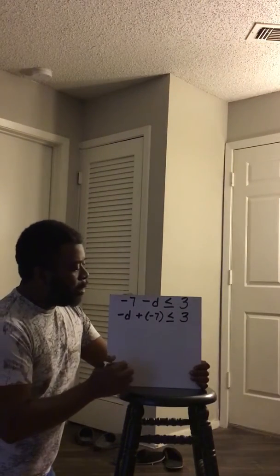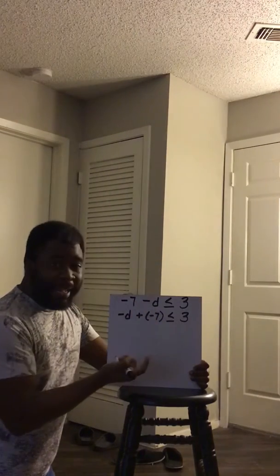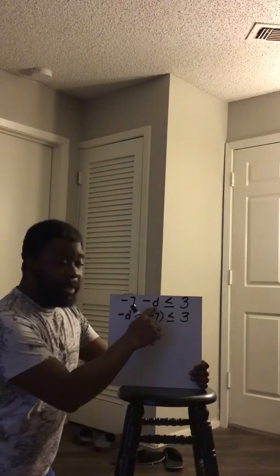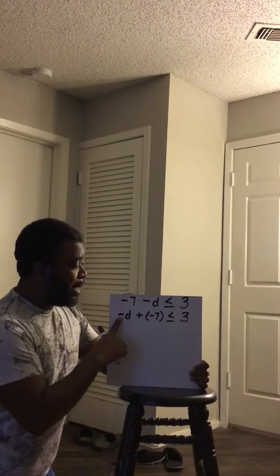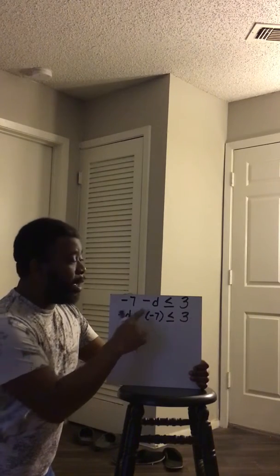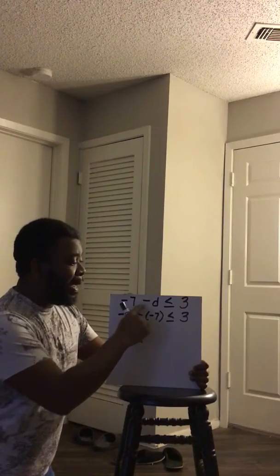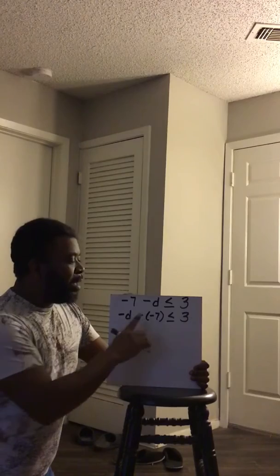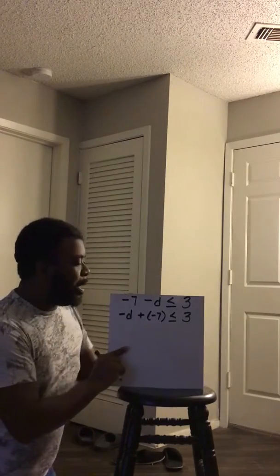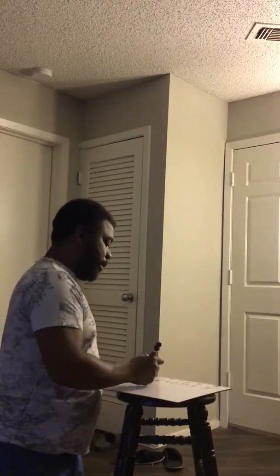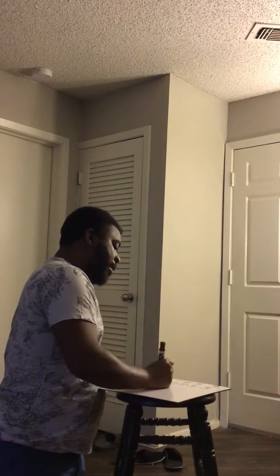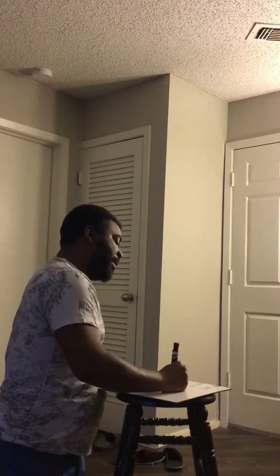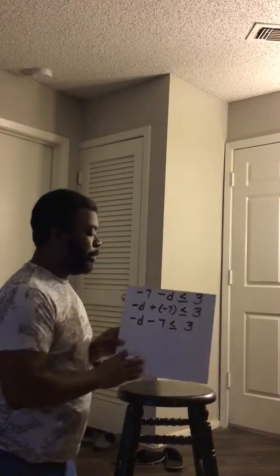Okay, well, subtracting D is the same thing as adding the opposite. So negative D would be the opposite of positive D, and we're adding negative 7. I know, that looks a little messy. I don't like this part either, so let's rewrite it one more time. Negative D minus 7 is less than or equal to 3. That looks a little better for me.